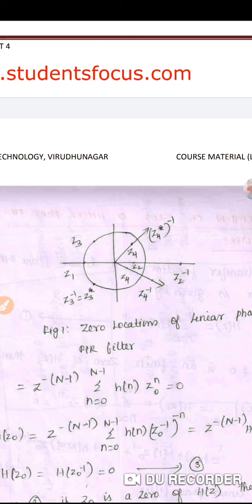Let us consider one more case in which z4 is a complex zero which doesn't lie on the unit circle.